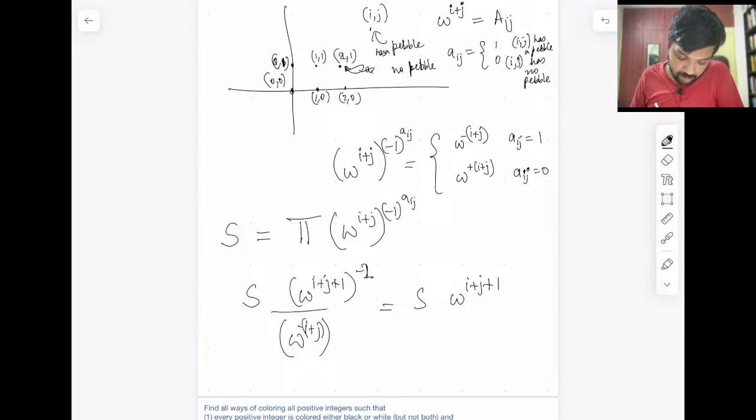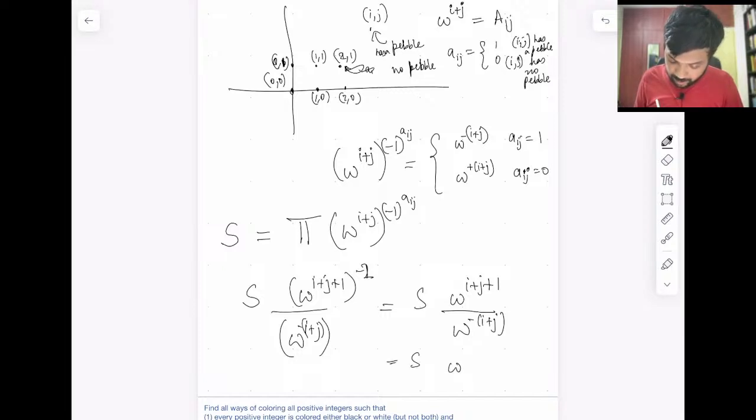Okay, no, I think it still suffers the same difficulty. Omega power minus i plus j. I think it suffers the same difficulty still. So I must have done a calculation mistake then.